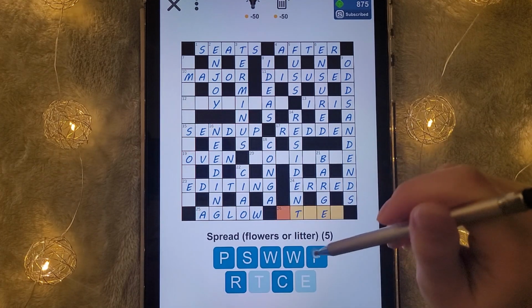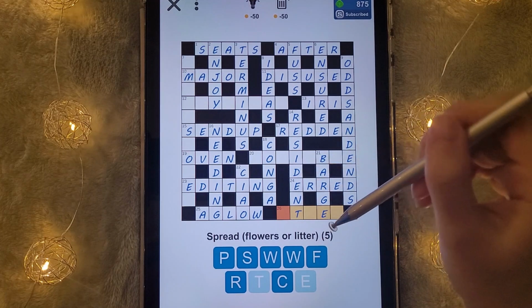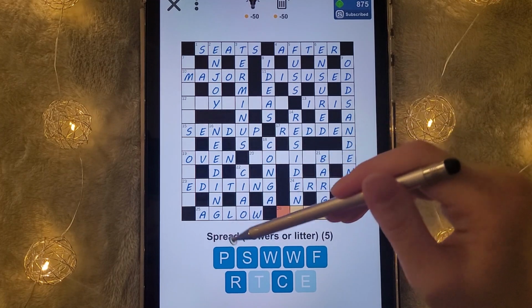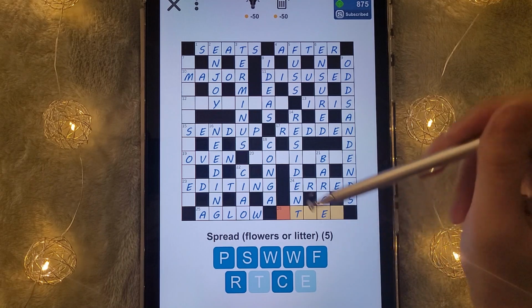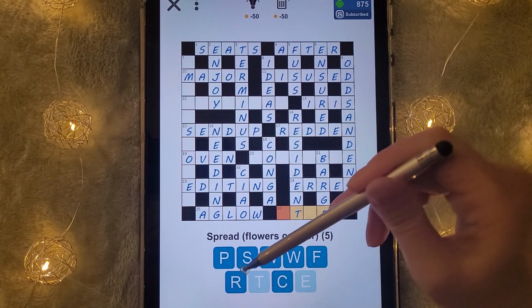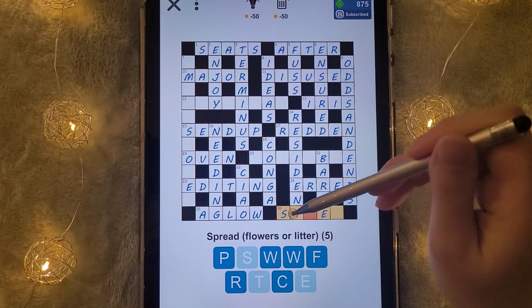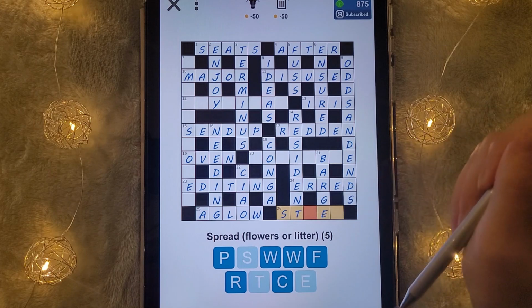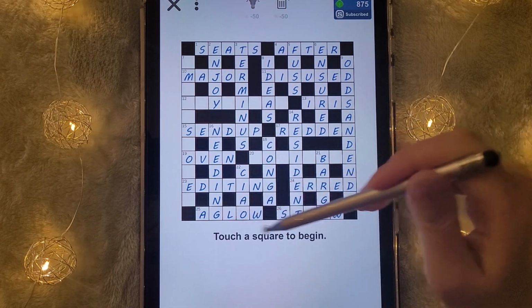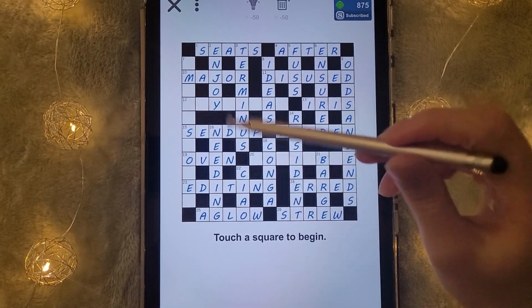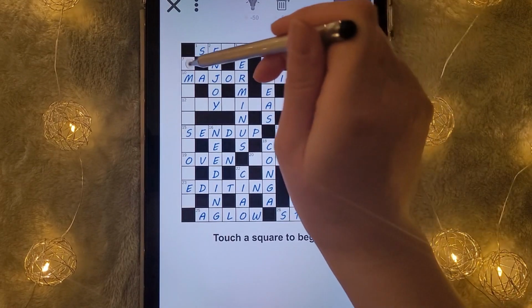26 across. Spread flowers. Or sorry, spread. Typically like flowers or litter. See, I think that would be an S. So maybe strew. Okay, so we filled in all of that. Let's go back, see if we can get 7.